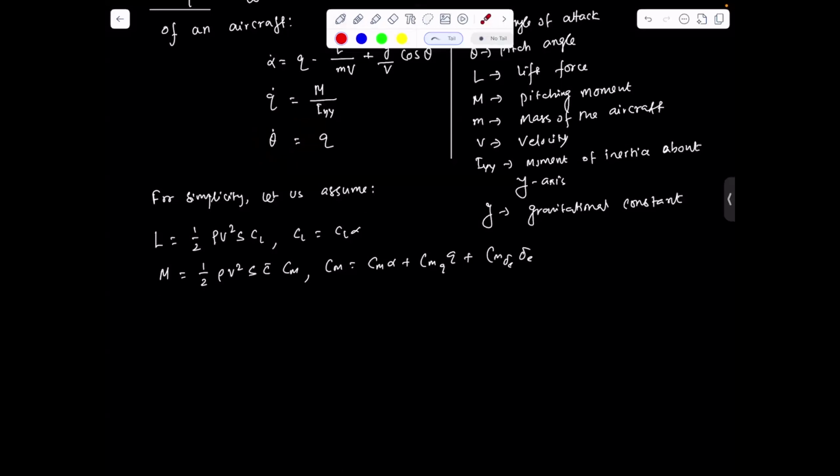Here delta E is the elevator deflection, basically the control input.